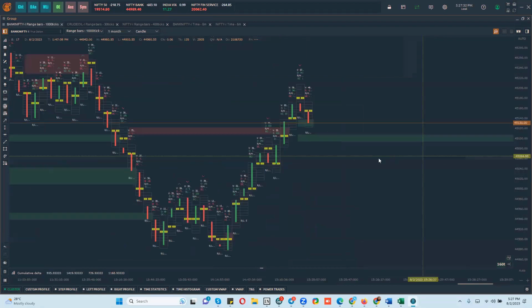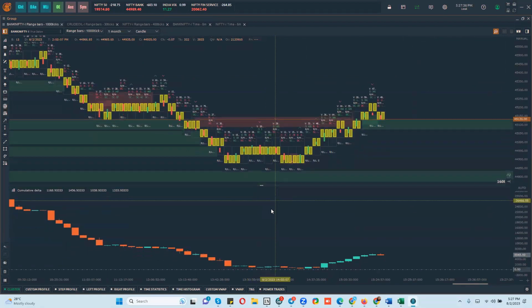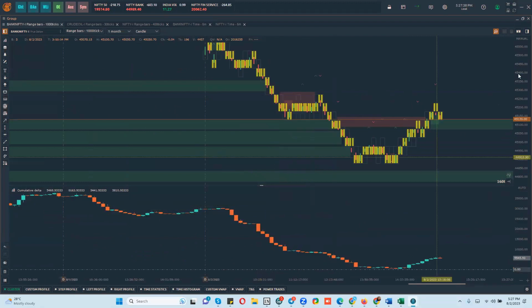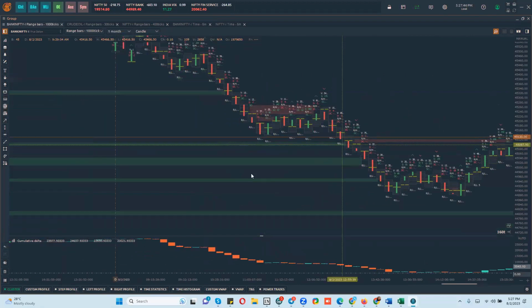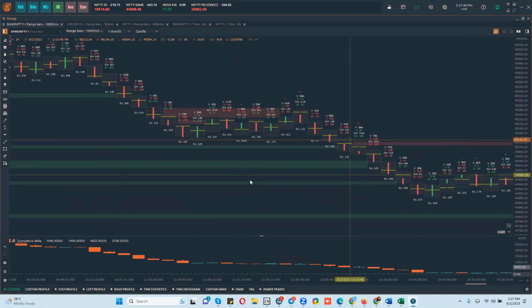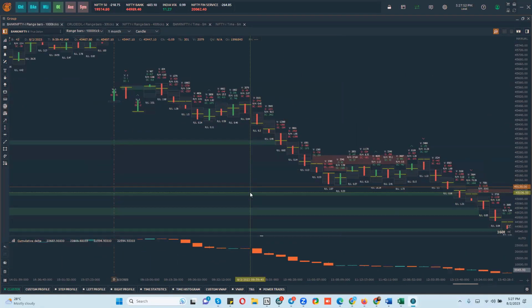Now, I would also like to look at it along with the cumulative delta. Here you will come to know what kind of volume has happened in that 50-point movement. Whereas in a regular candlestick chart, we will always look at what has happened in that period, that interval, like a 5-minute interval.